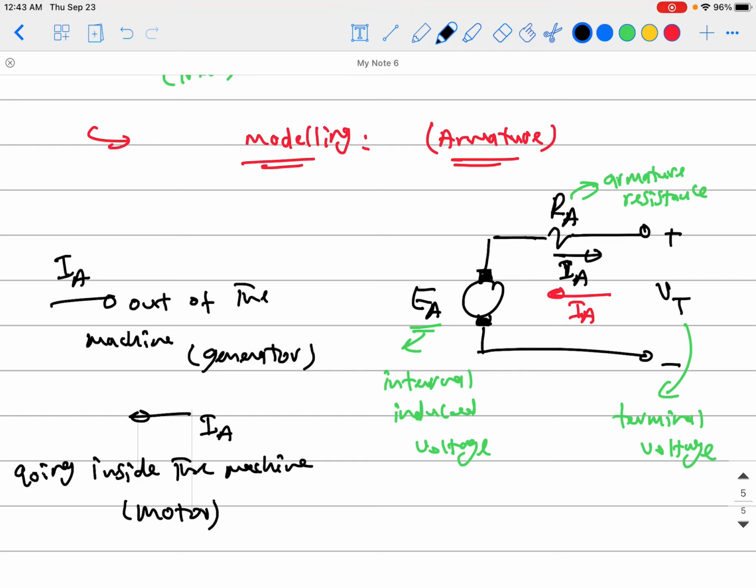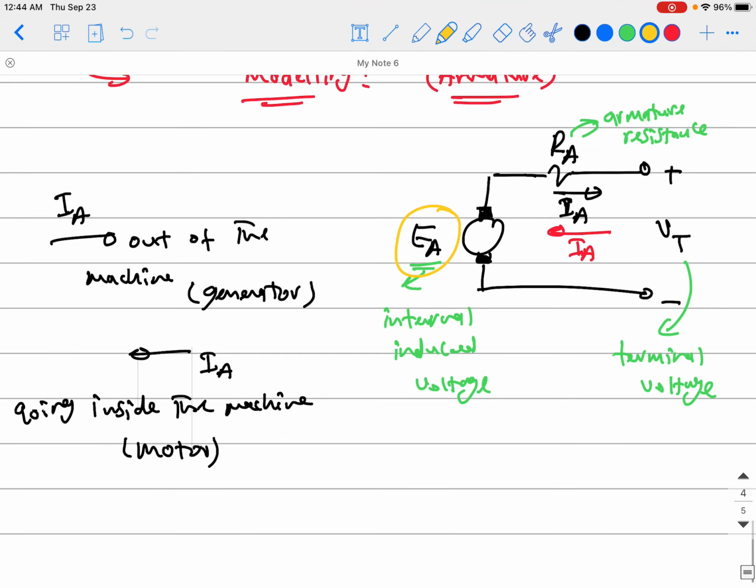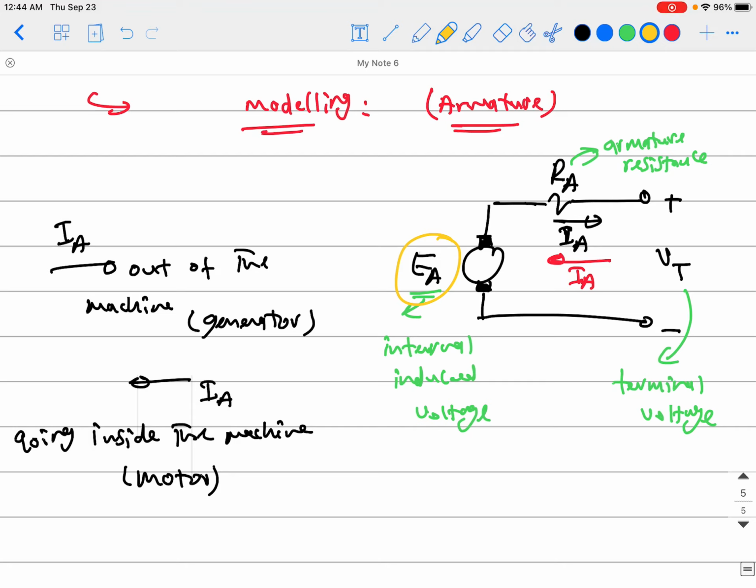So here's the whole point, guys. This induced voltage Ea is the value we've been trying to quantify here. That is Ea, and that's something inside the machine. But if you're talking about a generator, this value is not the voltage that will appear at the terminals of the machine, because these coils still have internal resistance, Ra. So you will lose some of this voltage as voltage drop over this resistor if you're talking about a generator and the current is moving from inside the machine to the outside. The same if you're talking about a motor.